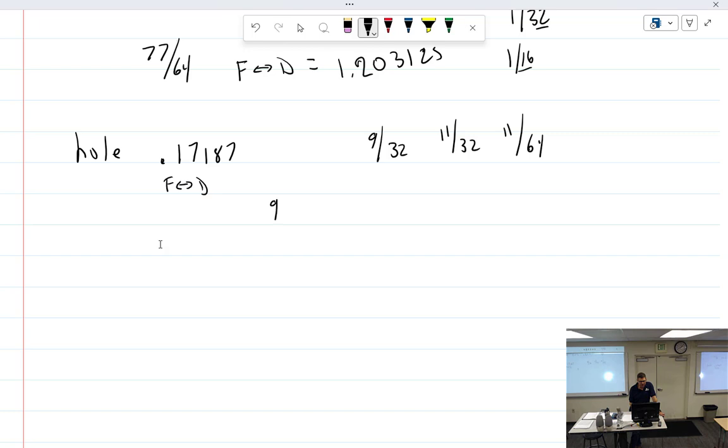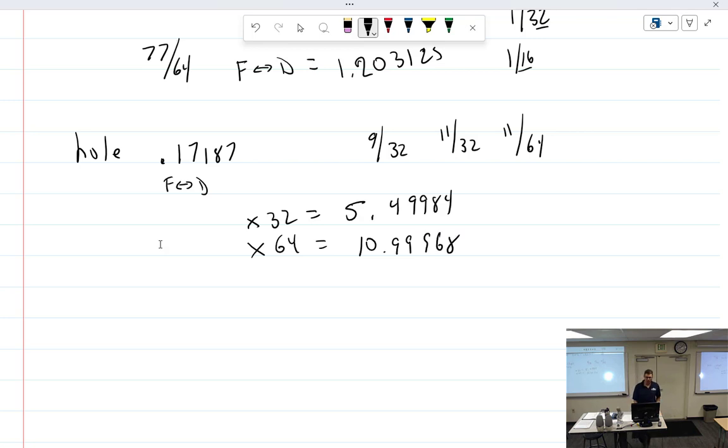So 9/32, I don't want to do that. Come on, erase. All right. So times 32 equals what? What did you get when you multiplied it times 32? 5.49984. And when you multiplied it times 64, what'd you get? 10.99968.